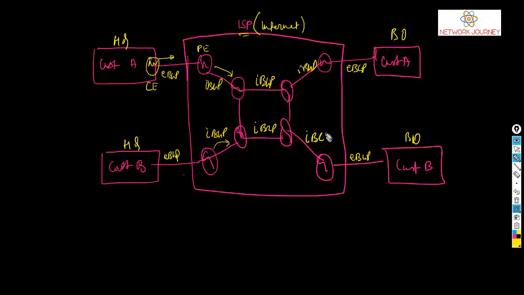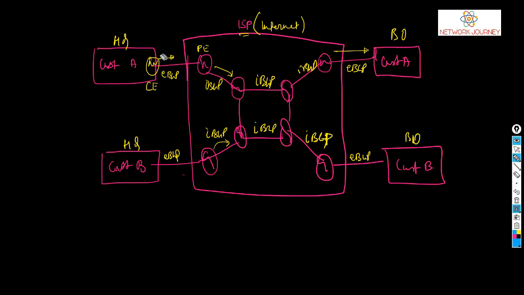Now what happens is your packet number 1 hits the first IBGP router. The second router will forward it to another IBGP router. Then it sends to one more IBGP, and then finally your packet goes out towards customer A.